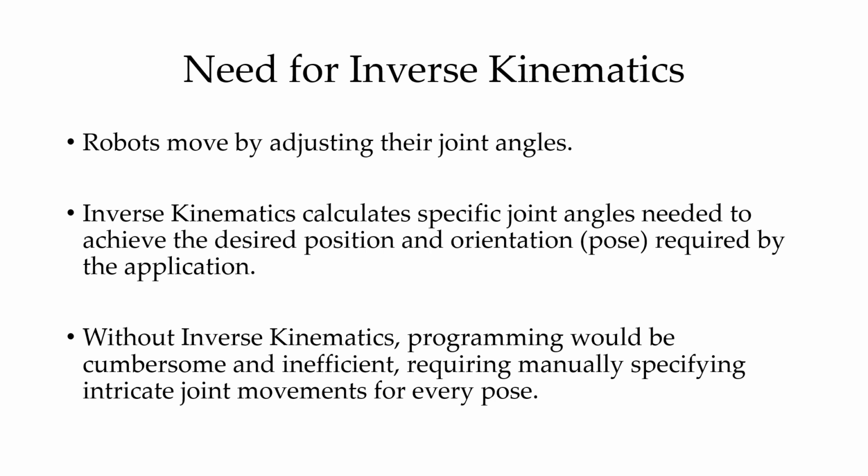That would have been very difficult. Rather than that, we can simply solve the inverse kinematics problem and get the values, rather than finding out each specific joint variable manually. So that's why we need inverse kinematics.